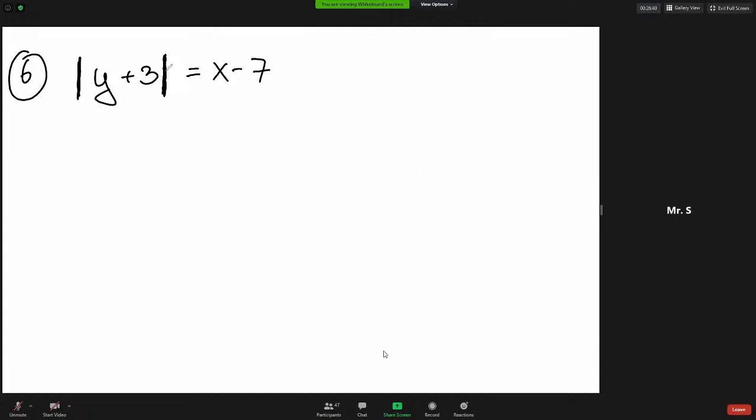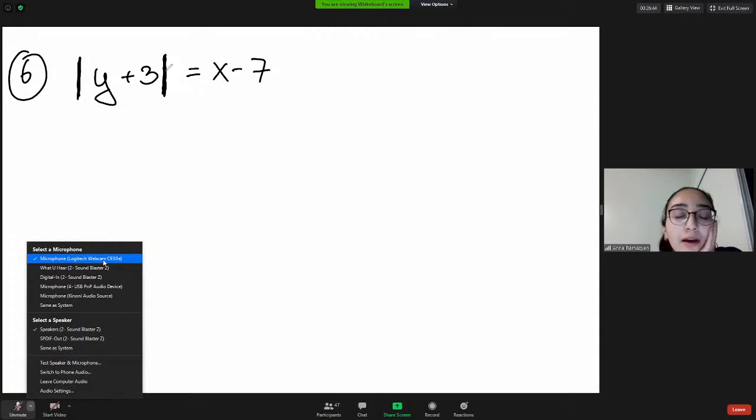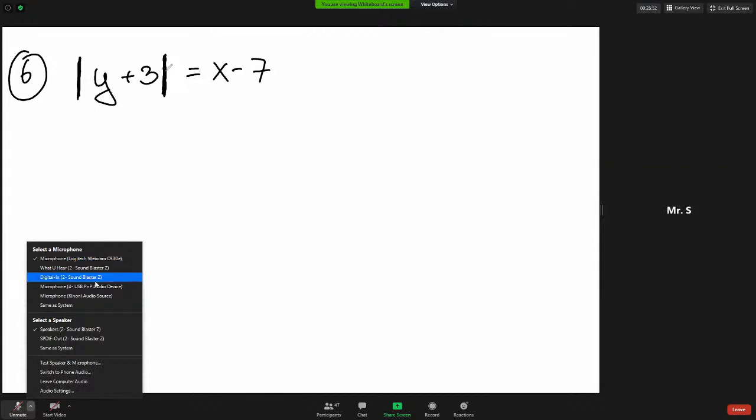So if you guys just think, write y plus 3 more or equal to 0. Well, but what if it's not? So we can't impose our own requirement. So there was a property in algebra that you guys might have hopefully seen, which says if you have absolute value of something and it's equal to some value, then you're supposed to consider two equations.